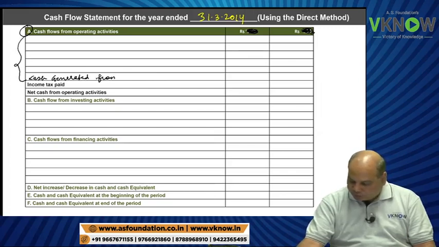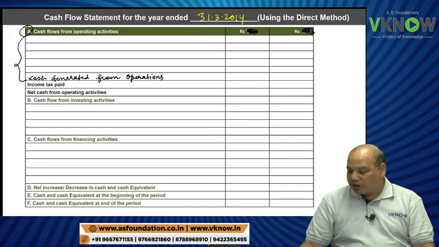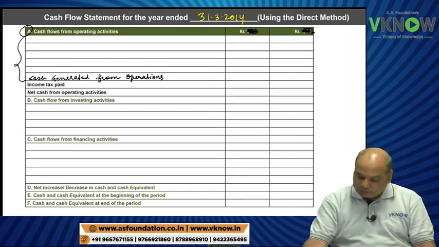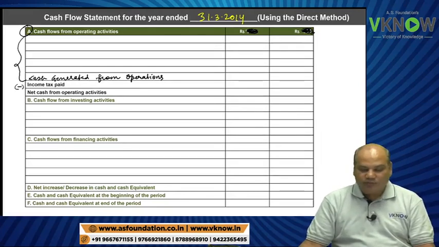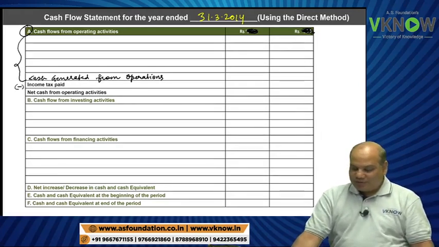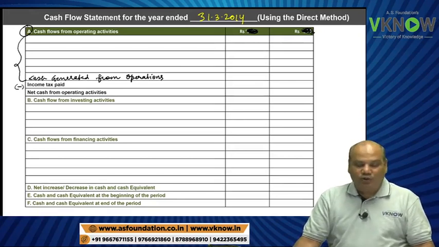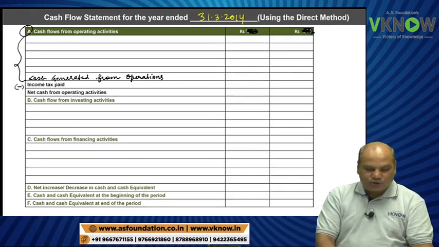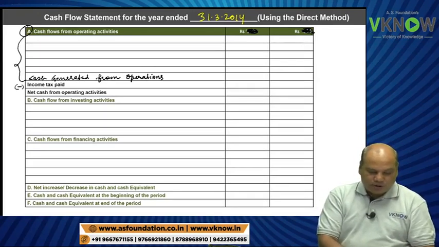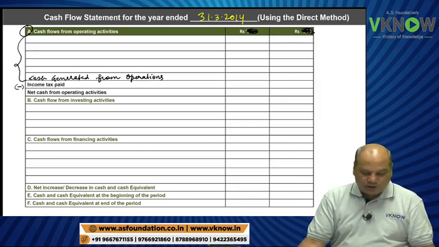After keeping 6 lines blank, cash generated from operations. Then write down less income tax paid. Therefore, net cash flow from operating activities.